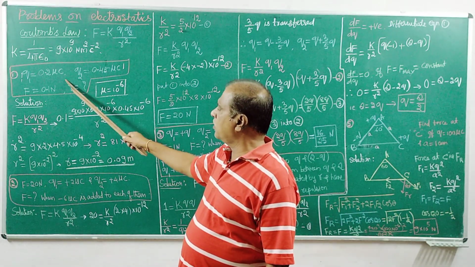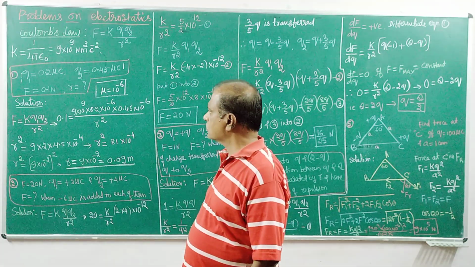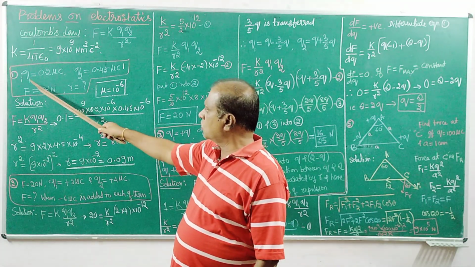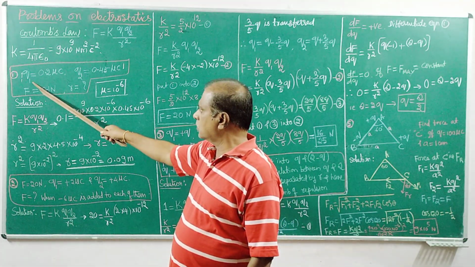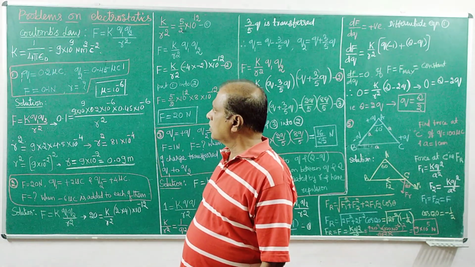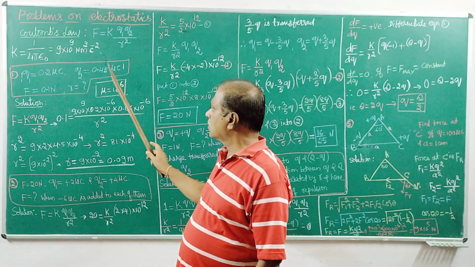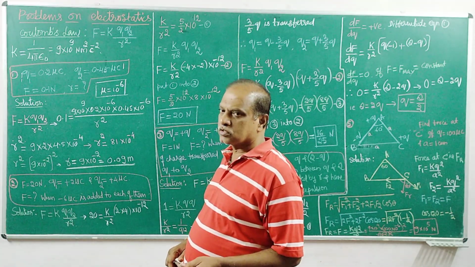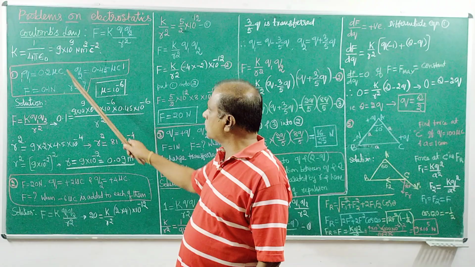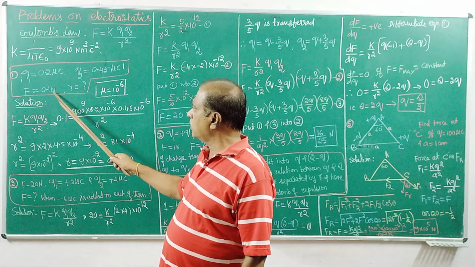The first problem, just looking at this you can read it. There are two charges Q1 and Q2 in the space, whose magnitudes are given, and the electrostatic force between those two charges is given as 0.1 Newton.